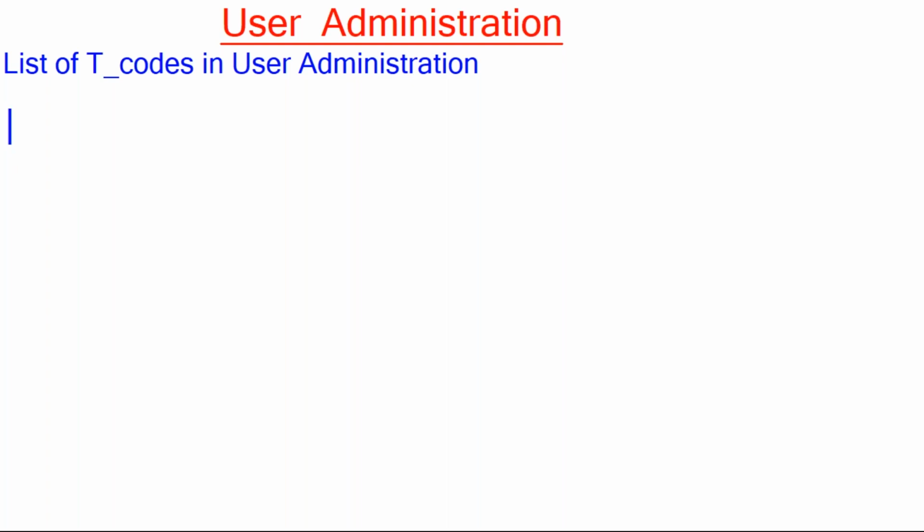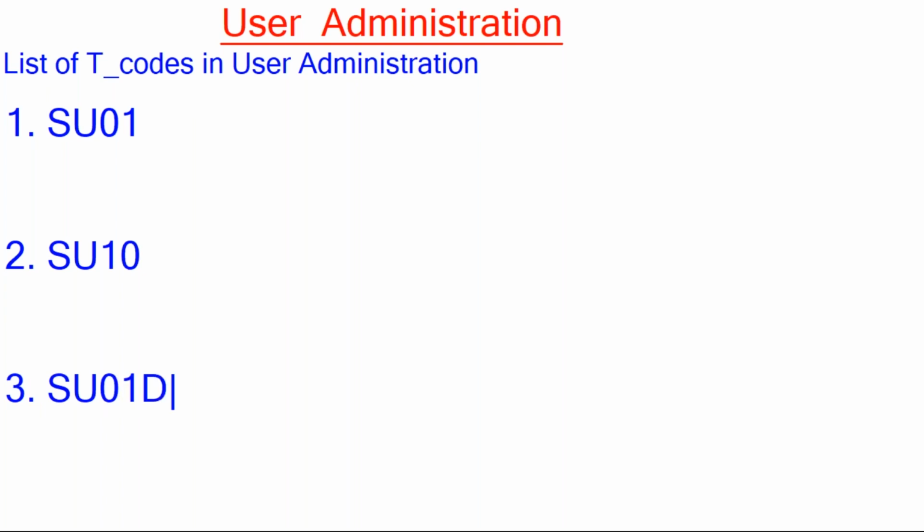So we have three T codes. First one is SU01. Second one is SU10. Third one is SU01D.